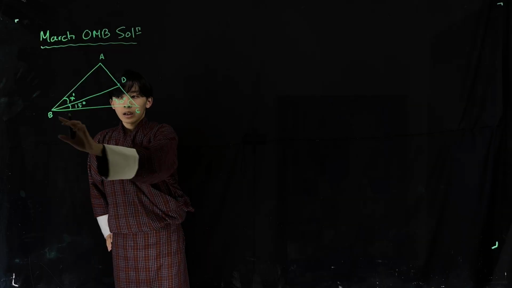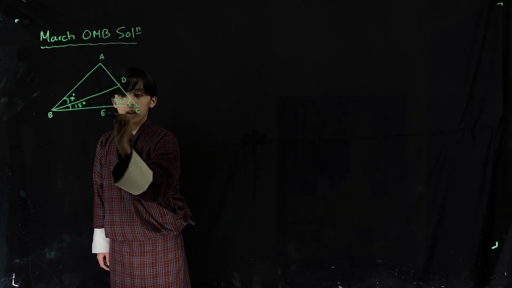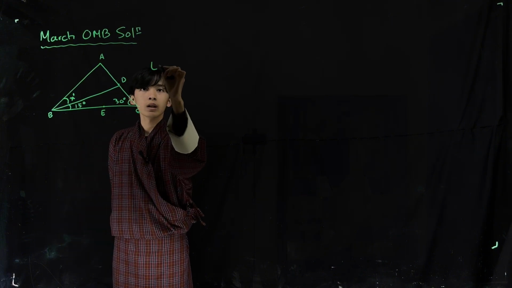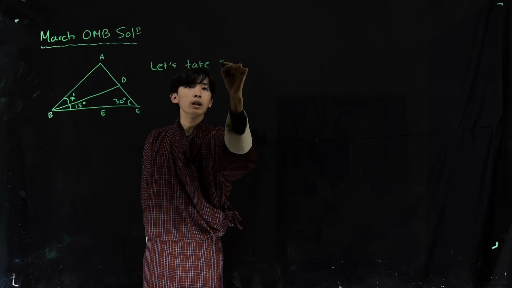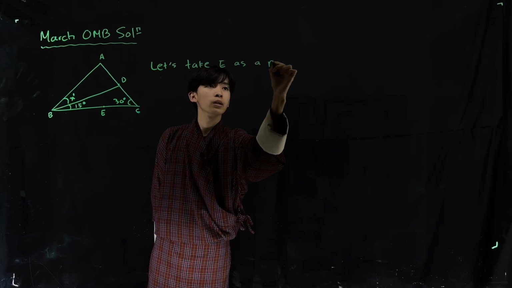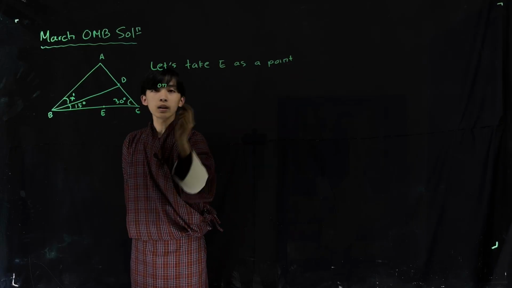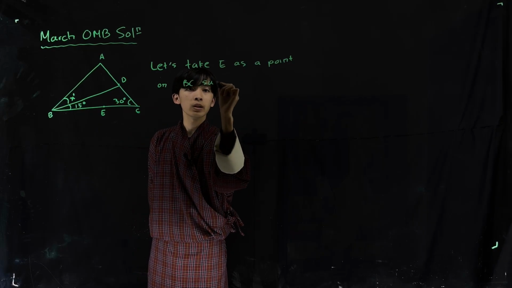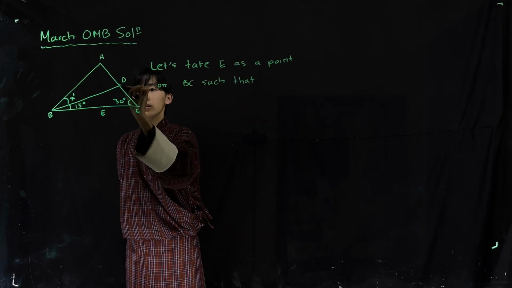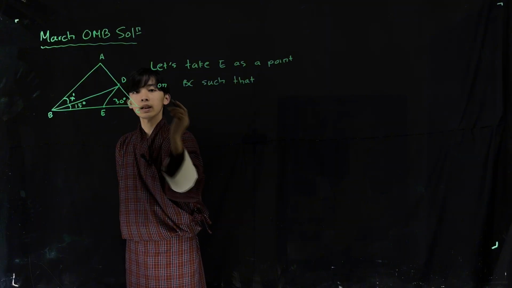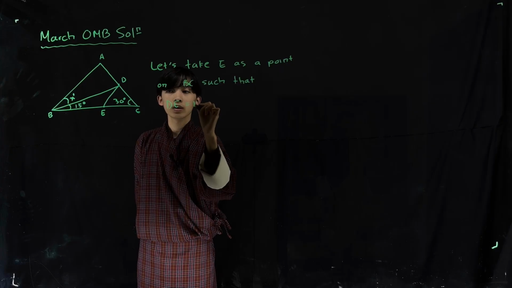So what if there's a point on BC? Let's take a point here, point E, on BC, such that if you connect it by a line segment, DE is equal to DC.